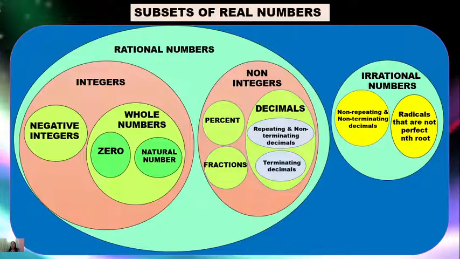Kung yung radical ng radicals na yan ay hindi siya perfect square, then it is what we call irrational number. It is just like square root of 15. That is more than 3, right? Okay. Square root of 16, exactly 4.